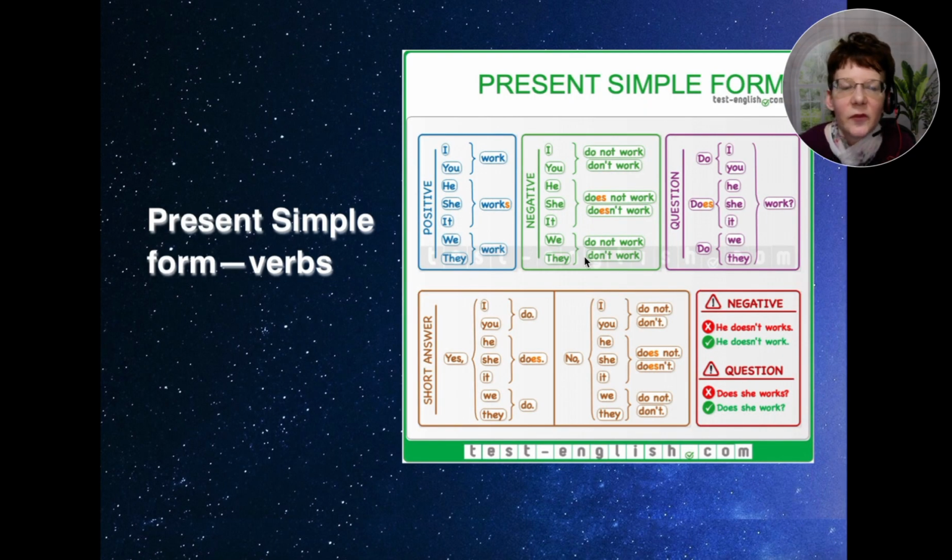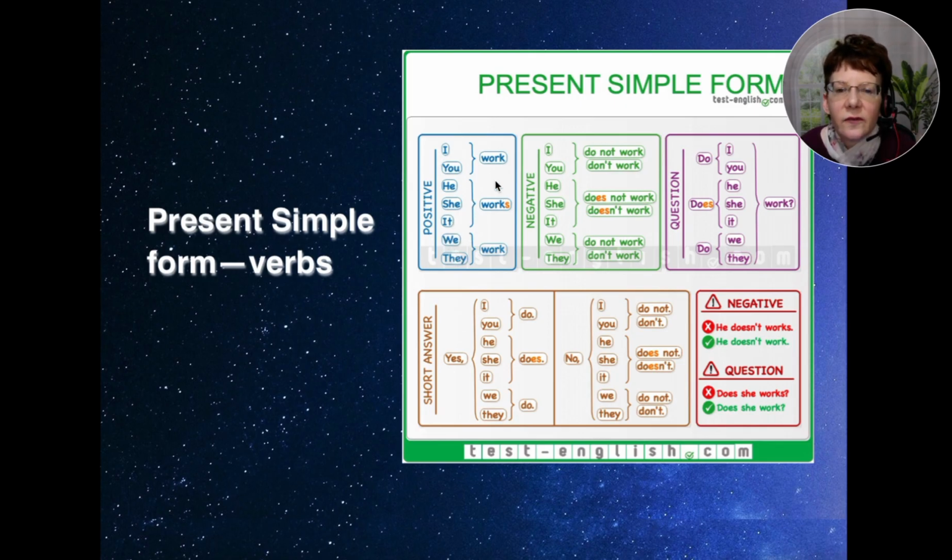All right, we'll look at this chart quickly here. Used with most verbs. We'll look at the form. So for present simple, for positive sentences, we have any of these subjects: I, you, he, she, it, we, and they.